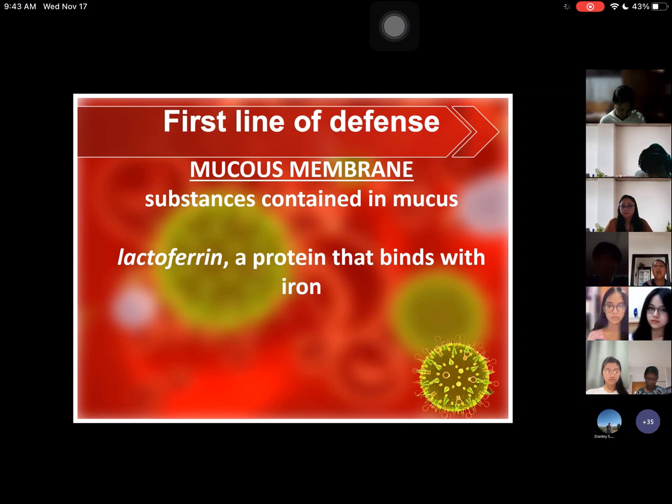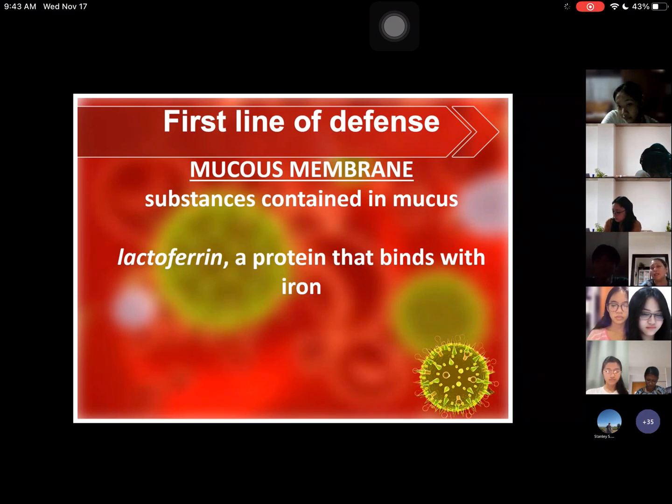So if we have the lactoferrin, the microorganism or the pathogen usually competes for the iron with our indigenous microflora, the ones that we need in our system.